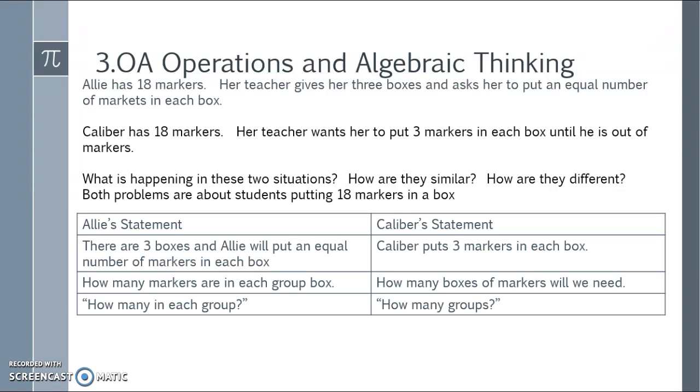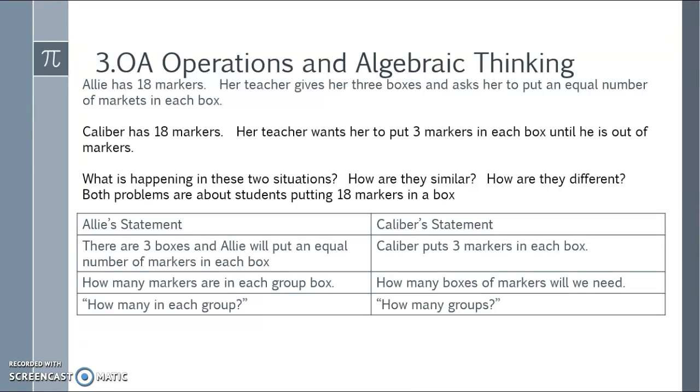So, both problems are about students putting 18 markers in a box. Allie has 18 markers and Caliber has 18 markers. Taking a look at each statement and comparing each particular piece of the situation, for Allie there are 3 boxes and Allie will put an equal number of markers in each box.